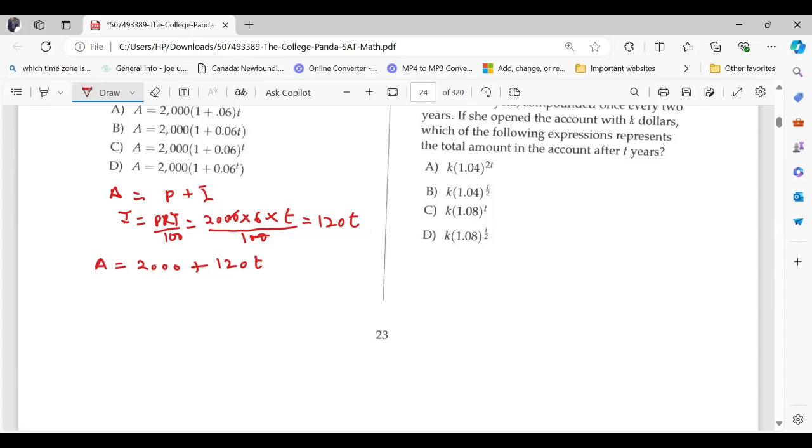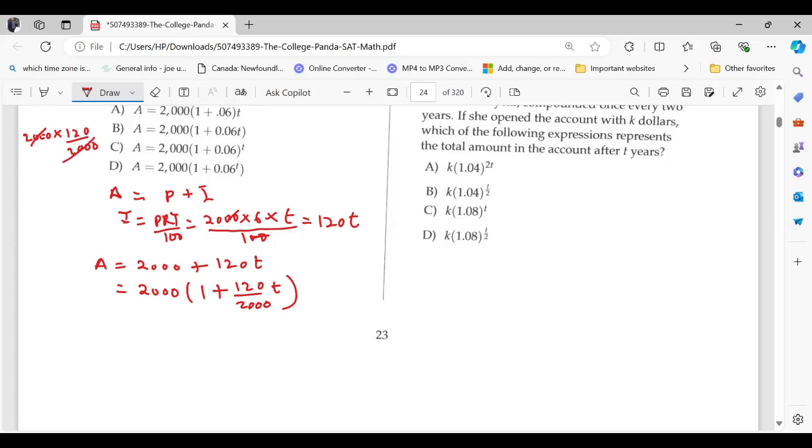Now, if we factor 2,000 out, this is 1 plus, of course, here we are going to have 120 over 2000 T. Because if I use 2000 to multiply this, if you do 2000 times 120 over 2000, you will get 120 because this and this will cross out.